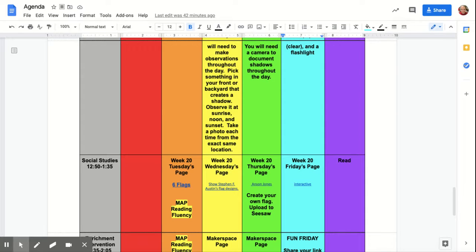This here was the independent reading assignment. So you either had Wizard of Oz assigned to you, or you had the Gossip Monster assigned to you. And there were activities throughout it for each group. Make sure you follow each page. Make sure you record yourself reading, and that you are doing the reading practice throughout the week.